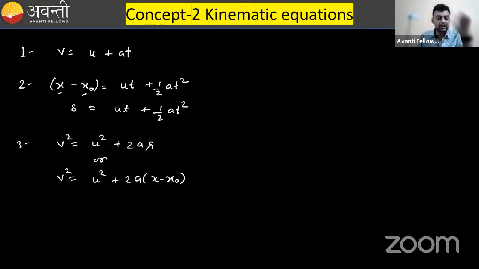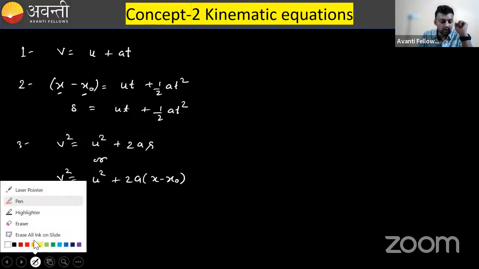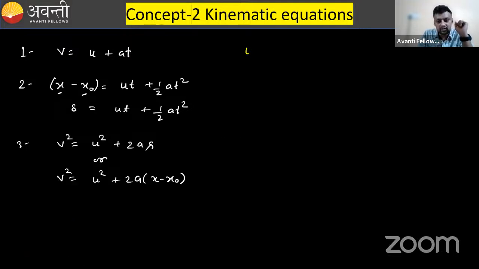So in these three equations, what are the terms that you should know? I hope everybody remembers. U is what? V is what? A is what? X is what? X naught is what? So I'm starting from the last. X naught is initial position.